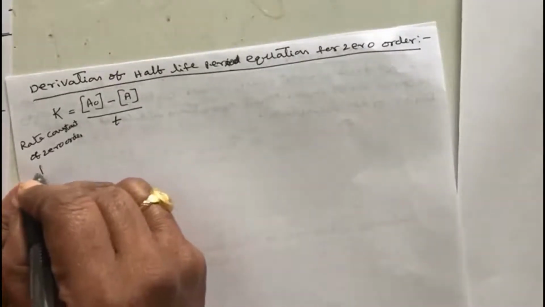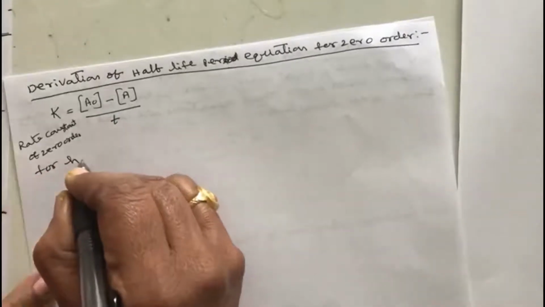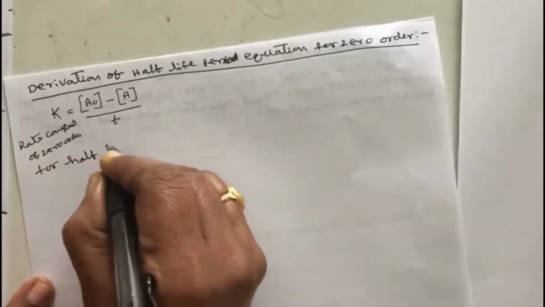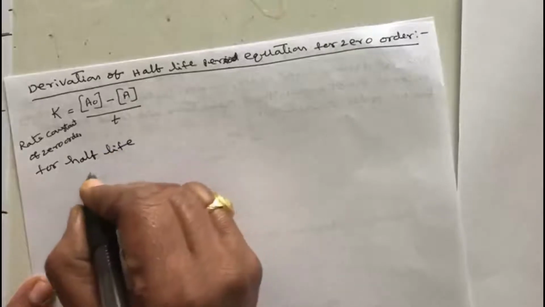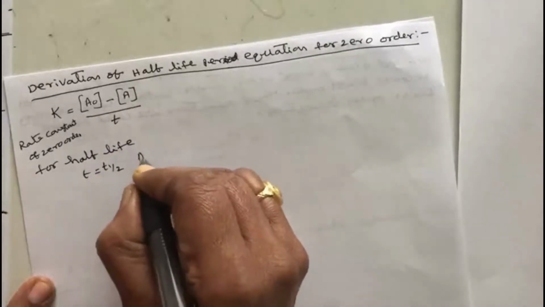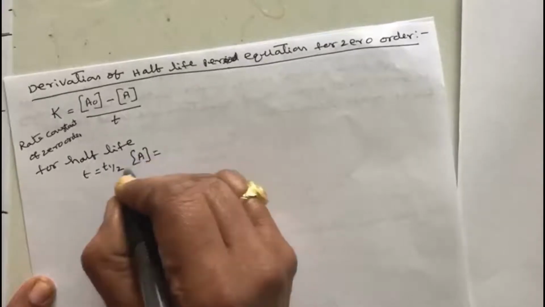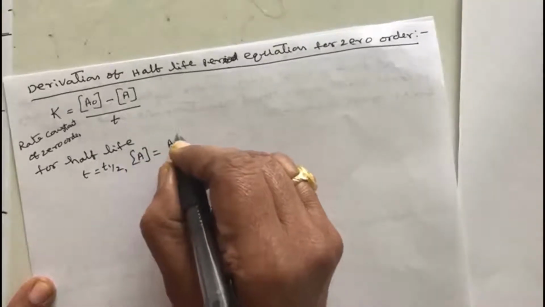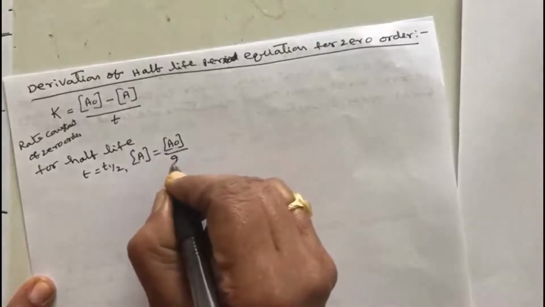Now for half-life, we take T equal to T half and A concentration becomes half of initial concentration, A0 by 2.